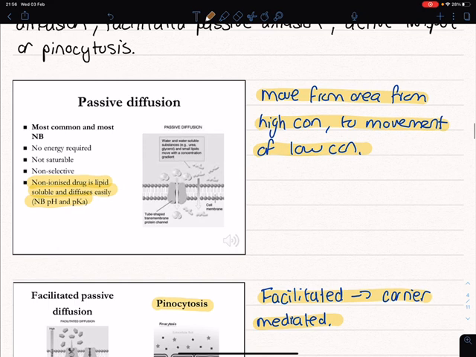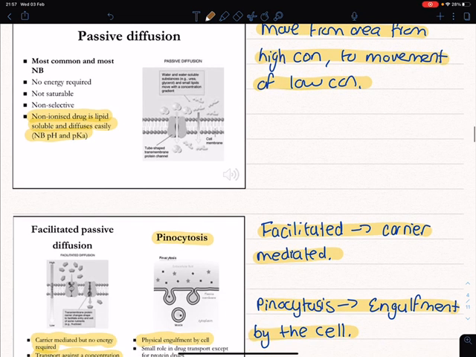Passive diffusion is the most common, and it is when molecules move from a highly concentrated area to a low concentrated area, so therefore with the concentration gradient.